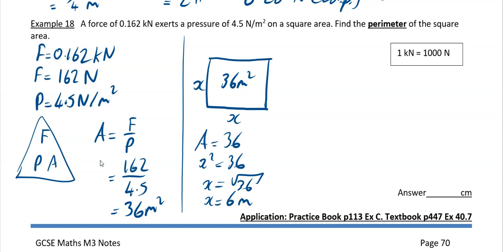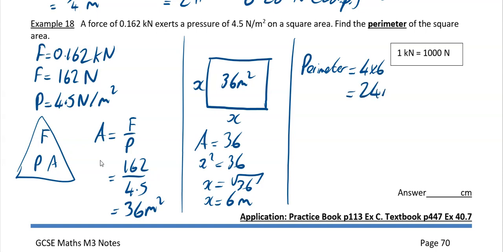Again, we have almost got to the answer. We found the length of one side. Haven't completely found the answer. We'll just say our perimeter. I'm just writing the full word perimeter instead of saying P just to avoid any confusion with pressure. My perimeter is equal to 4 times 6, because there's 4 sides on the square, which is going to be 24, and the units would be meters.